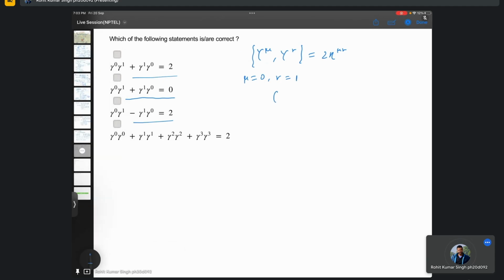So what you get, and we know that eta 0 1 is 0, right? So just 0. So this one, is that fine?